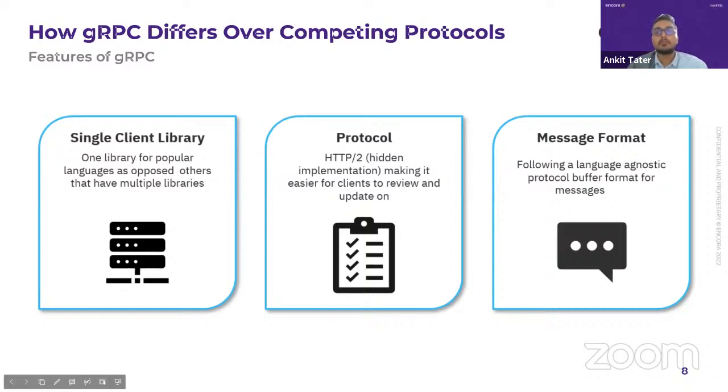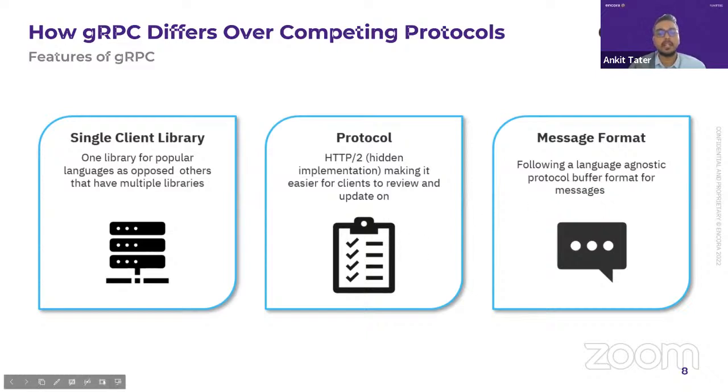Let's say there is no active maintainer on this library, you will come into a problem. You need to find another maintained library, and it might require code changes, right? Here it is maintained by the gRPC community itself, and it has a single implementation. You will get a library for Java or Go developed by gRPC. They update it, provide security updates and patches, so you don't need to find multiple maintainers.